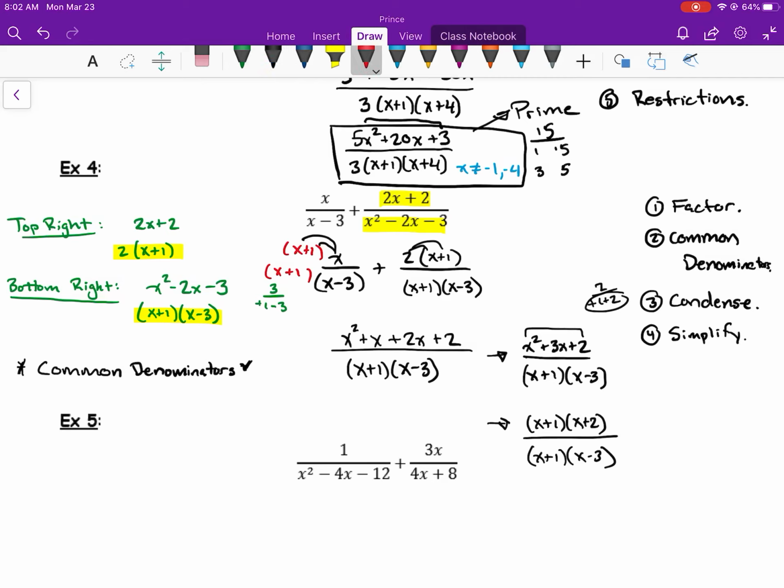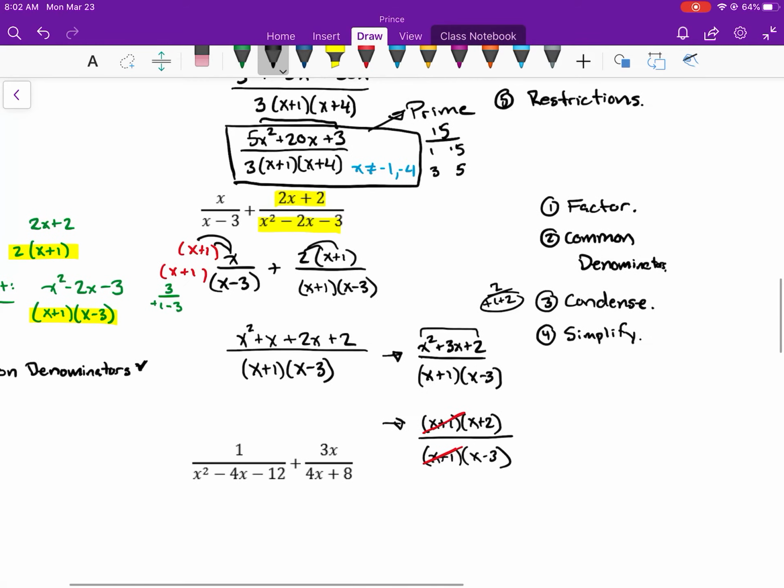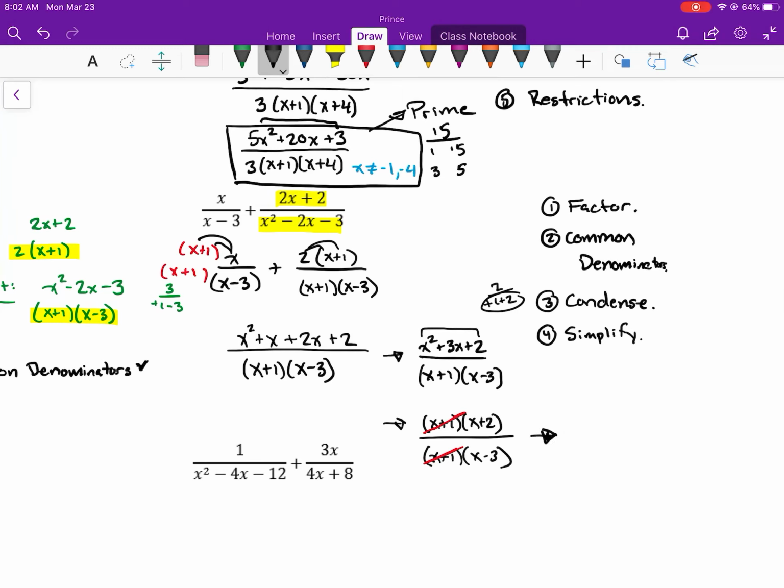And from the last section, we know we can cross off x plus 1 and x plus 1. Sorry, I didn't leave myself enough room. So follow the arrows, that's kind of how we're doing this. You get x plus 2 divided by x minus 3, where x can't equal, restrictions, and this comes back from before we simplified, -1 and +3.